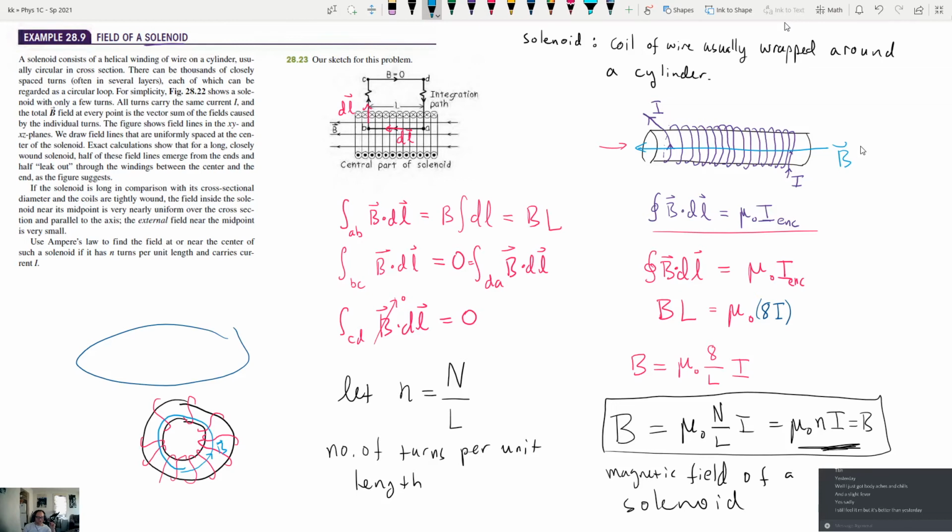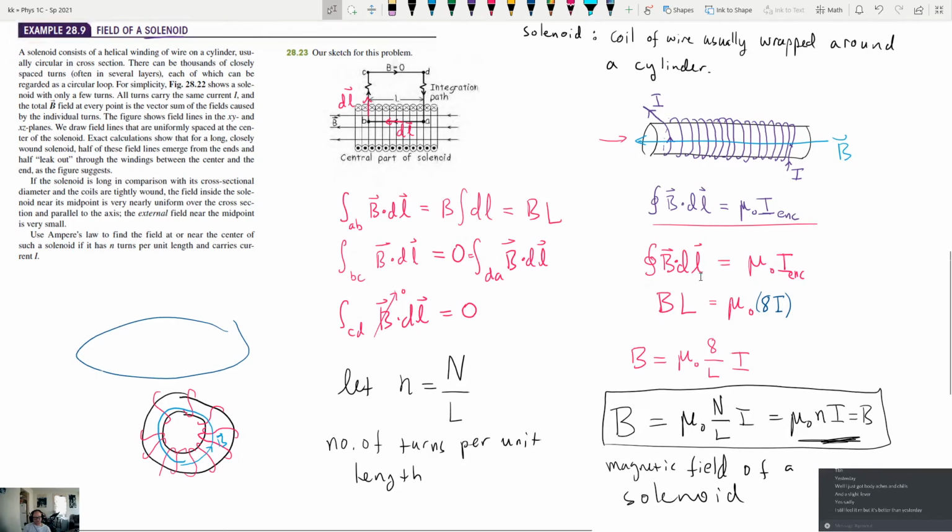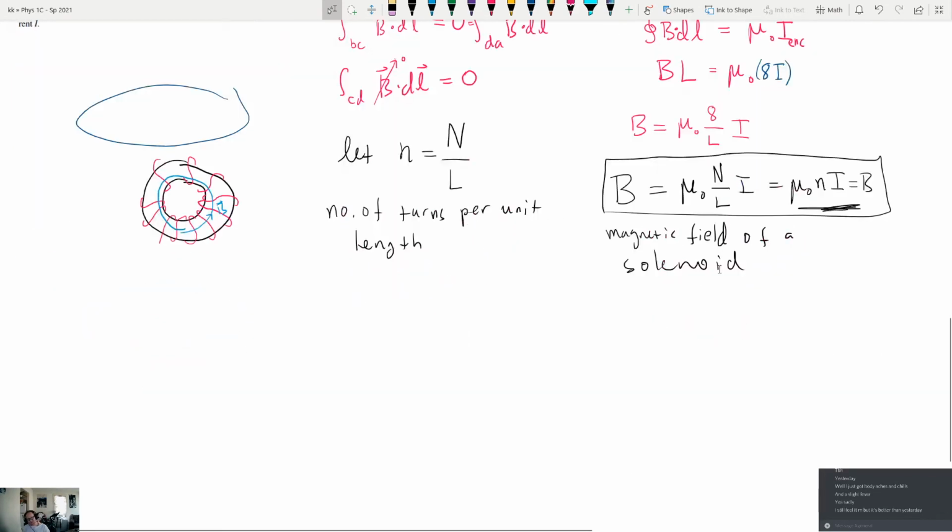Now, there's another application of this, which is going to show up in the next chapter, and I'll just preview it right now by saying, what if you put something like this into an electrical circuit?